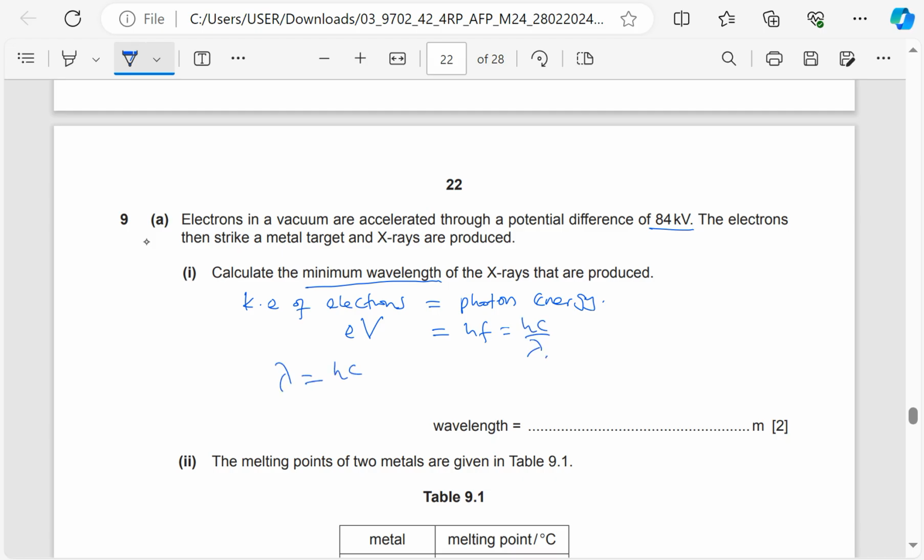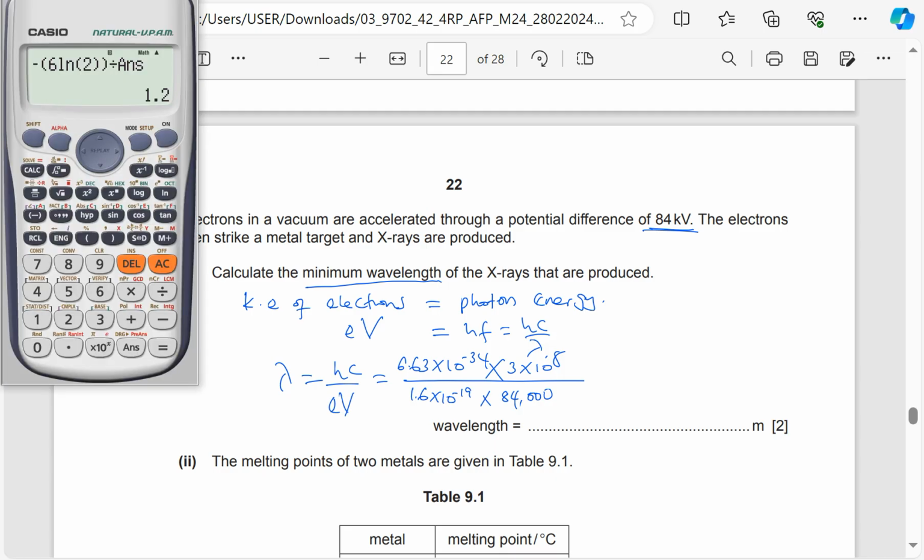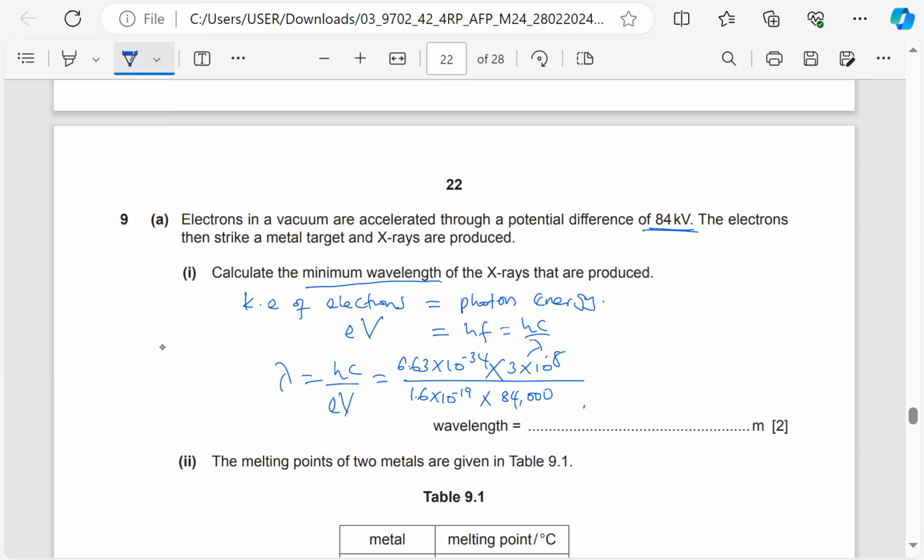So the wavelength is hc divided by eV. h is 6.63 times 10 to the power of minus 34, c is 3 times 10 to the power of 8, divided by e, 1.6 times 10 to the power of minus 19, times the accelerating PD, 84,000. On my calculator I get 1.48 times 10 to the power of minus 11 meters.